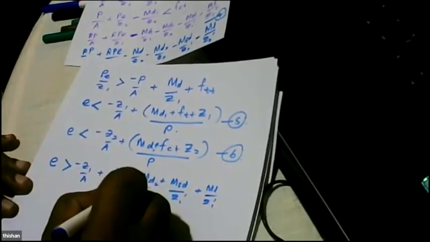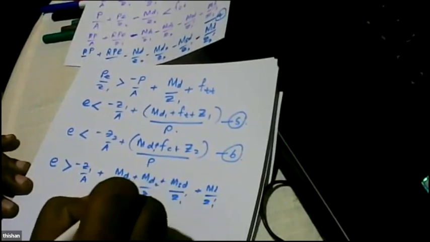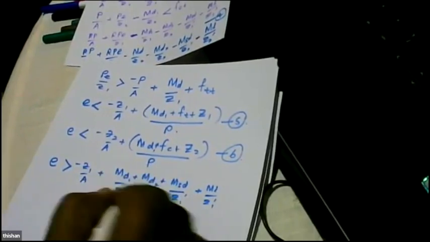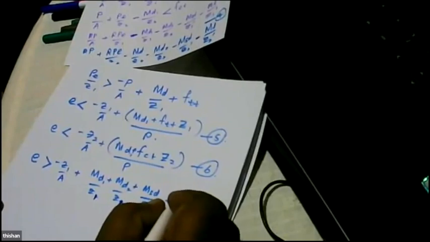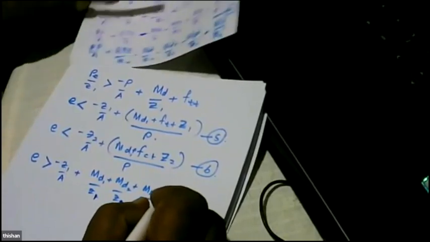So here you get Z1, here you get Z1, and plus, so here you have to say it is greater than. These are the top fiber, which is going to fail in compression, so this should be less than F compression at working.